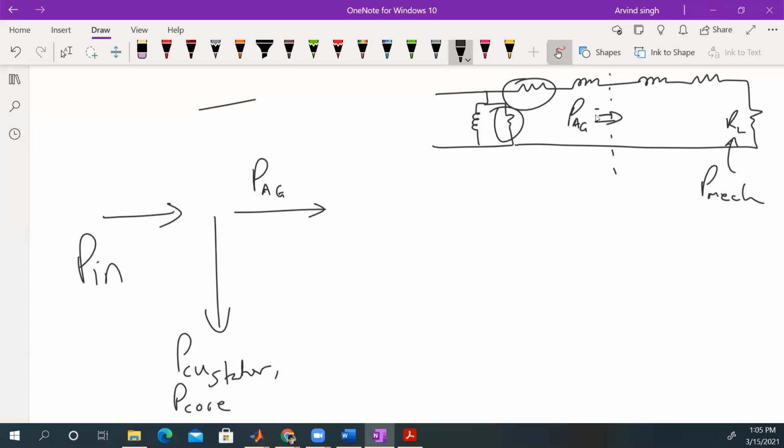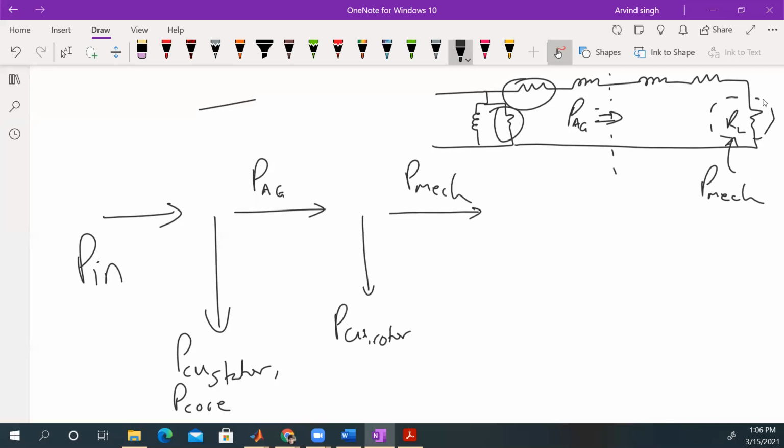What happens when it gets into the rotor is that you're going to have an EMF induced in the rotor, currents are going to start to flow in the rotor, and you're going to get some losses due to the resistance. So there you have P copper rotor, right?